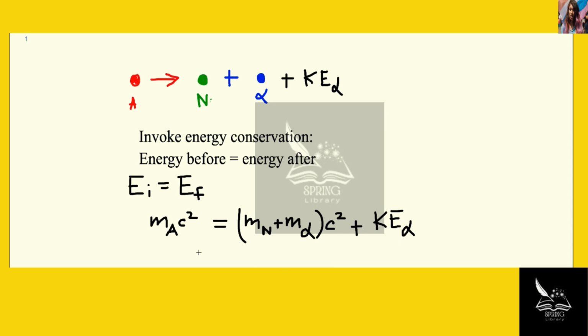Okay, and so we can rearrange this equation, and if you make m sub N the subject, which is what you want, you get simply that the mass of the americium minus the mass of the alpha particle minus the kinetic energy of the alpha particle over c squared is actually what you want to find in this problem, right?